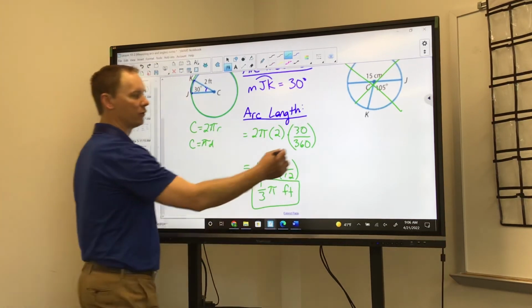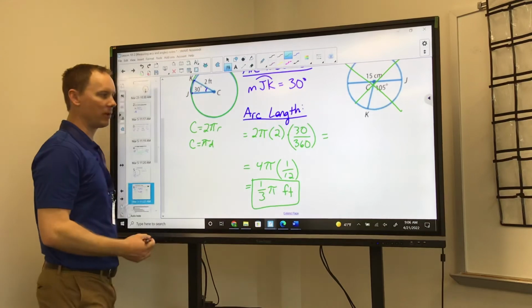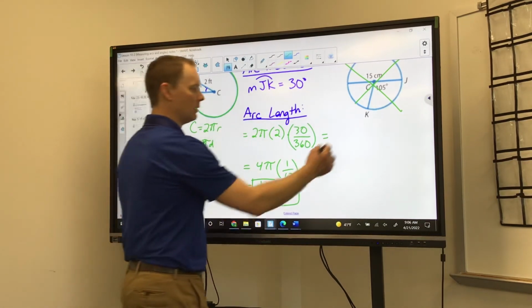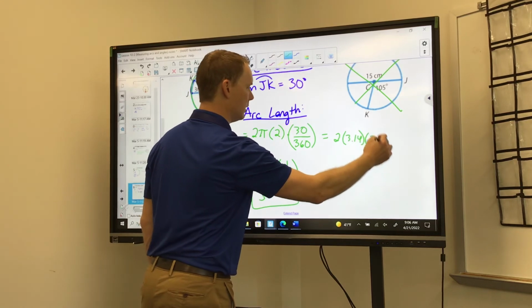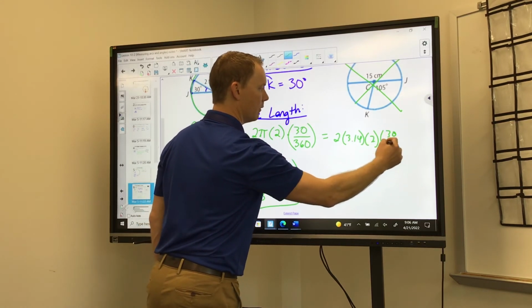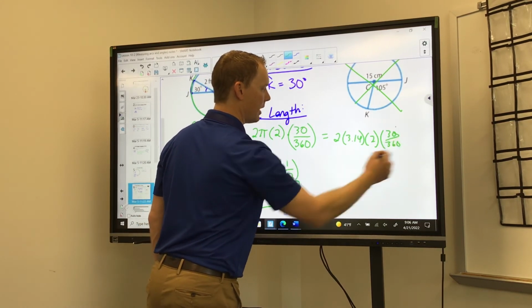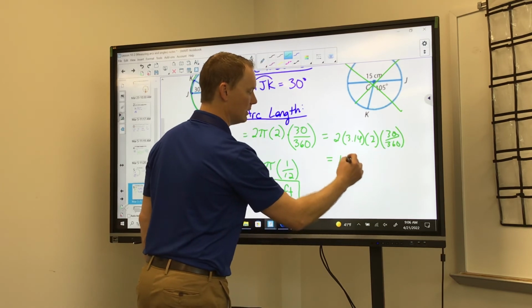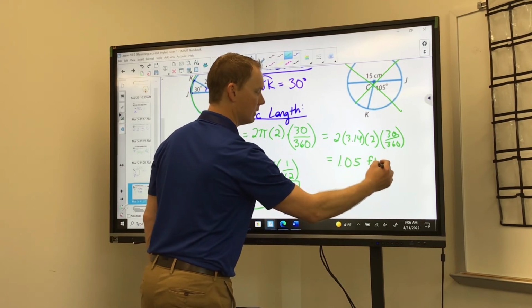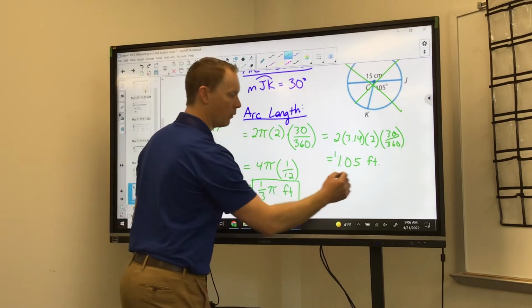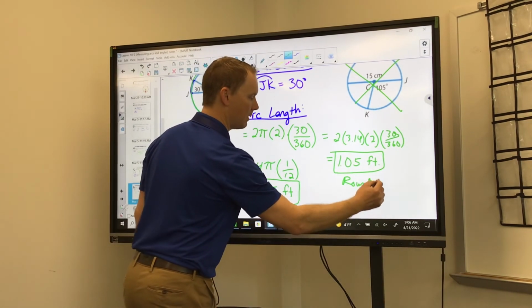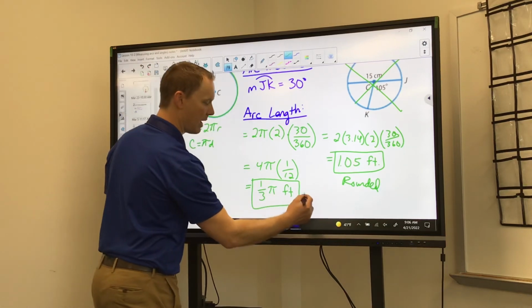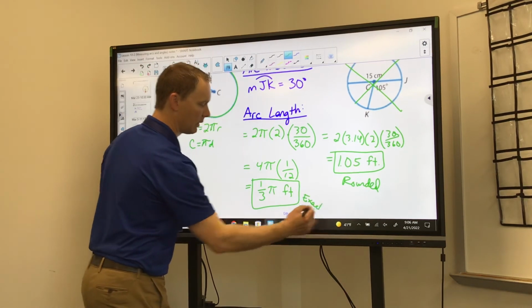Now, you can also just type this into your calculator. And when you do that, 2 times 3.14 times 2 times 30 over 360, get parentheses around that, you get 1.05 feet. So sometimes they'll ask for a rounded answer like this. Sometimes they'll ask for an exact answer like this.